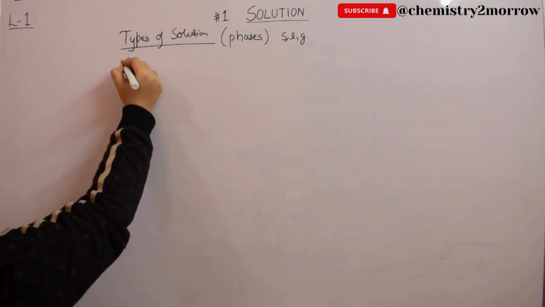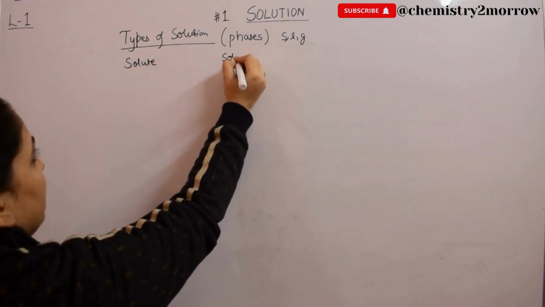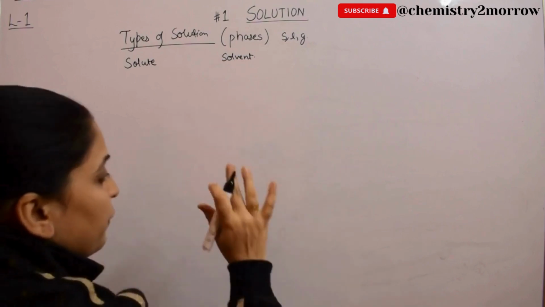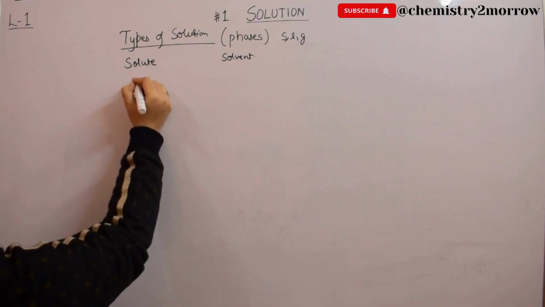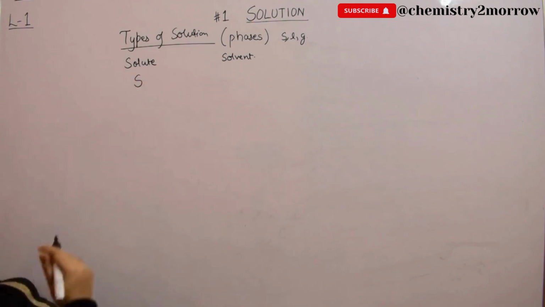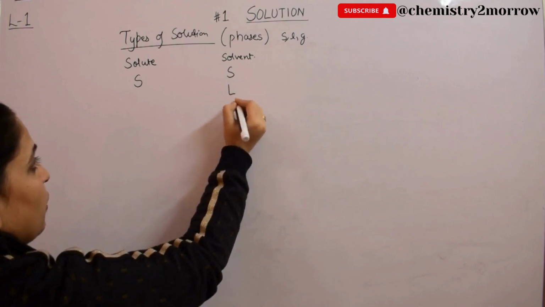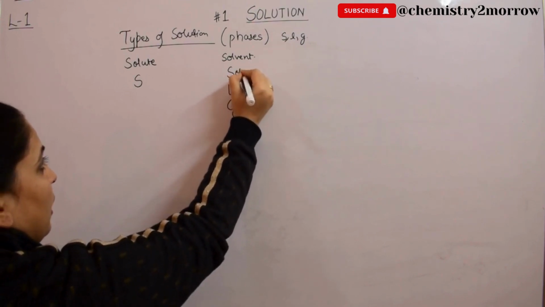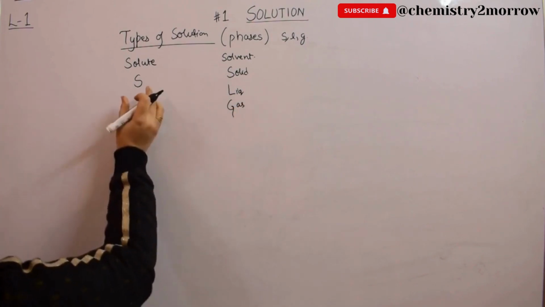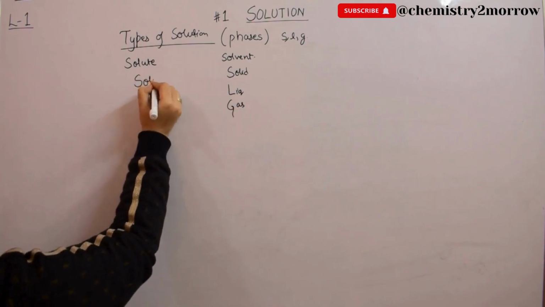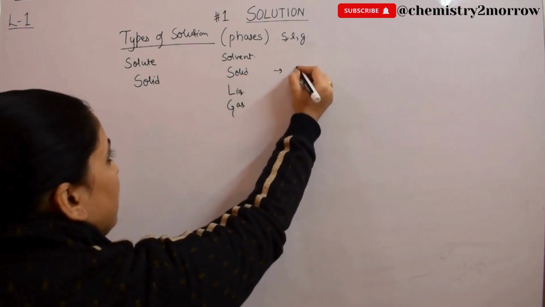So suppose I am talking about solute and solvent phase and we are just doing different combinations of the phases. Suppose I am talking about a solid solute, and solvent can be solid, liquid and gas. So when a solid is dissolved in solid, these are called alloys.